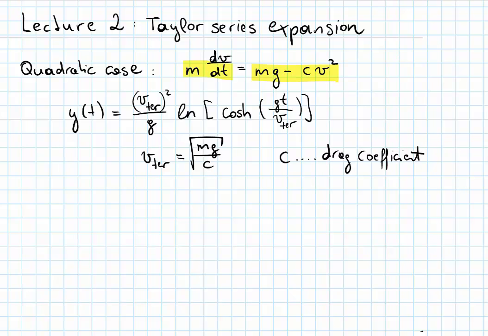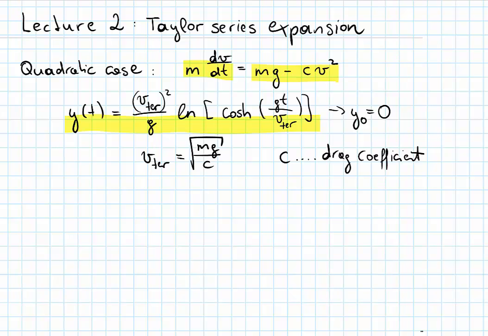What I forgot to mention in class is that this expression here is true if we set y not to be 0. So initially it starts at 0 on the y-axis. That's where the ball is started when we dropped it downwards.